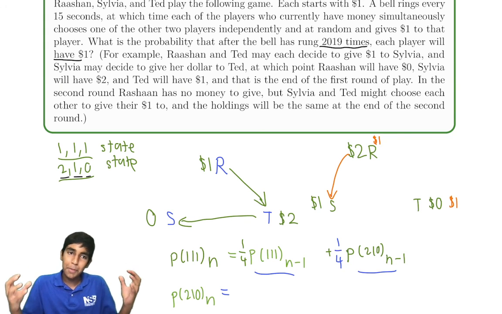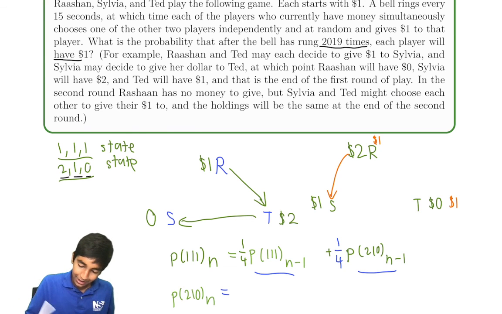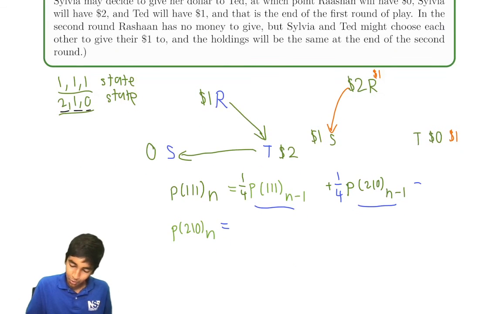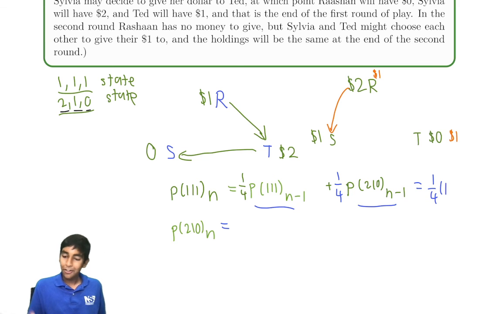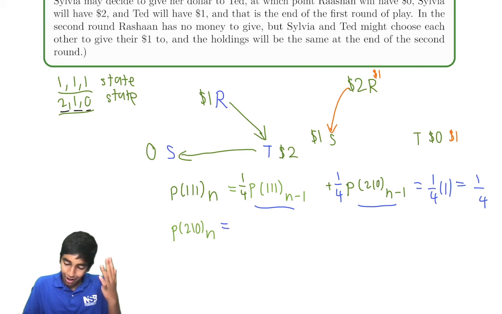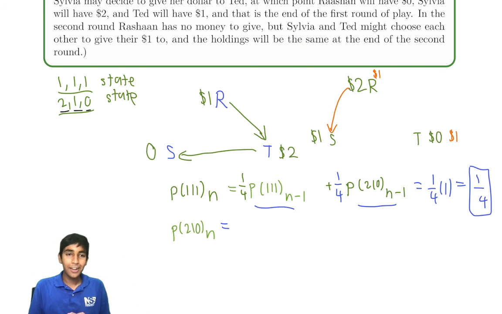So that means the probabilities must sum to 1. Wow. So this is just going to be rewritten as 1/4 times 1. Just 1/4. Isn't that amazing? So the answer is literally just 1/4. We thought we had to write state equations and then look at a recursion, but no. Using symmetry again, and knowing that the probabilities sum to 1, it's just equal to 1/4.